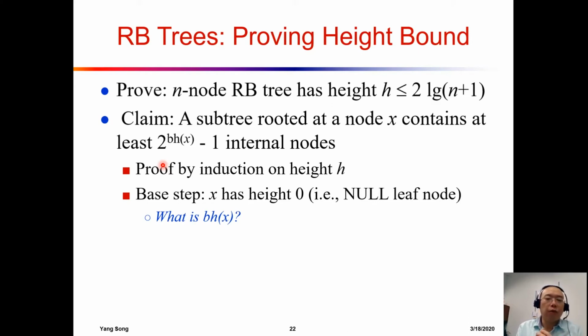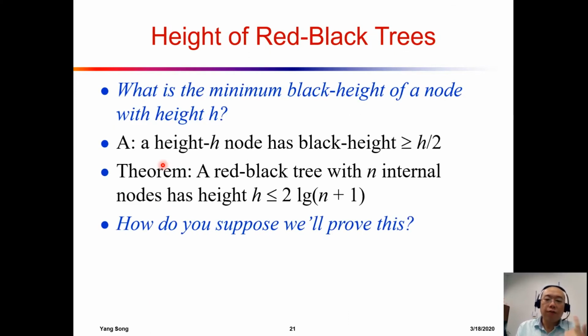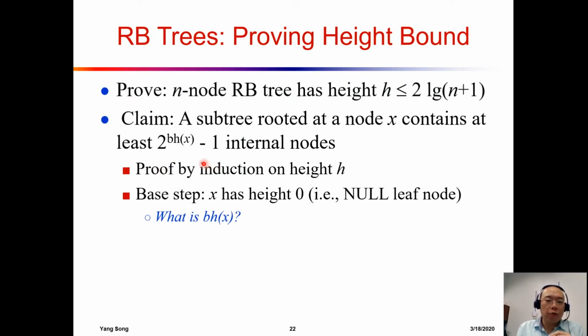So what we want to prove is, if x itself is a leaf, then we want to claim that a subtree rooted at the node x, in this case x being a leaf, contains at least 2^bh(x) minus 1 internal nodes, where bh is the black height. So how do we want to prove that? Well, this will be our next task.